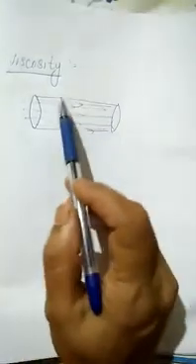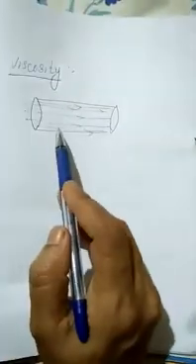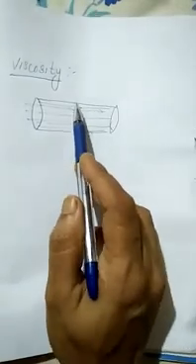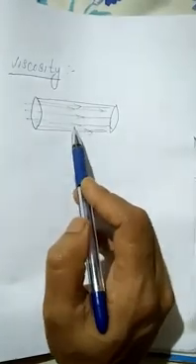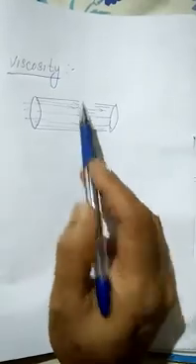Here I have represented a picture, the flow of liquid through a pipe. When the liquid flows through a pipe, the wall of the pipe exerts a frictional force on the layer which is in contact with the wall.